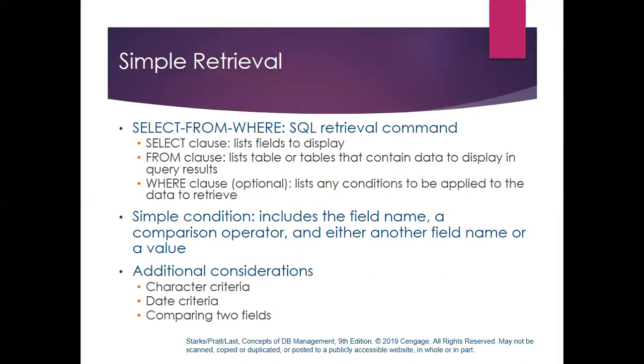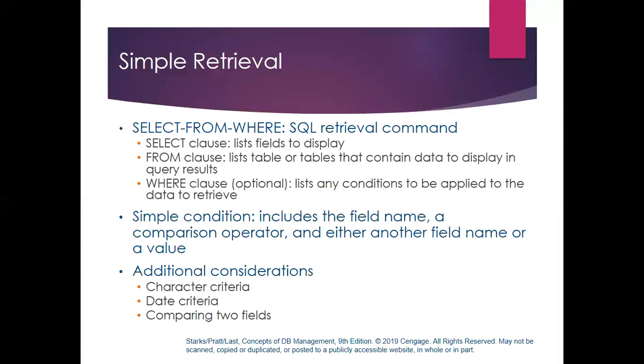The basic form of an SQL retrieval command is select from where. The fields to be displayed in the query results are listed in the select clause. After the word from, you may list the table or tables that contain data to be displayed in query results.